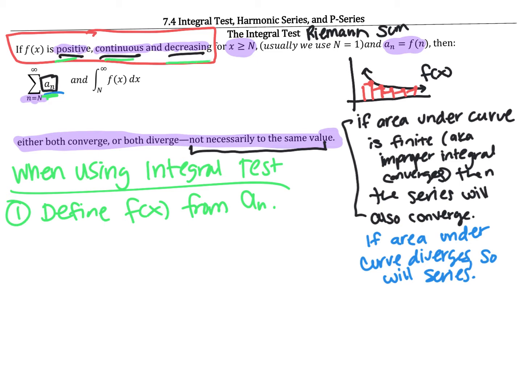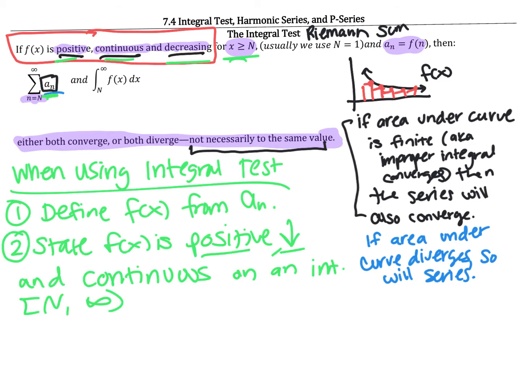You don't have to prove it. You should at least be mentally confirming, are all of the terms positive, continuous, and decreasing over some particular interval. So the second step is to state and confirm the conditions. So you have to state all three conditions. F of x is positive, decreasing, and continuous on some interval from n to infinity.